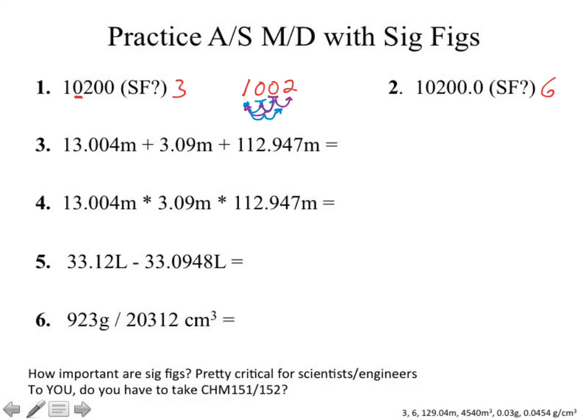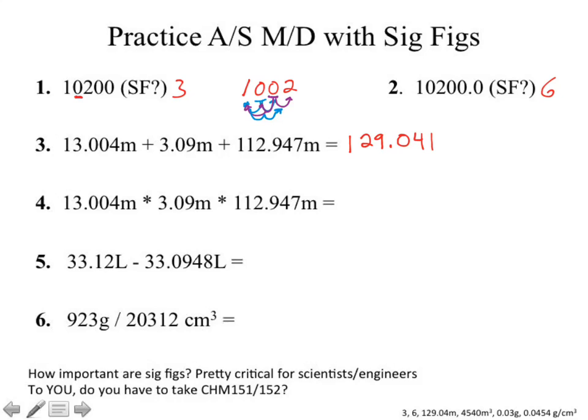What does your calculator spit out for question number 3? Oh, whoops, sorry. I was looking at the wrong answer. 129 point what? 041. What's your correct answer? This is an addition step, and under the addition rules, we go to the least accurate decimal place.